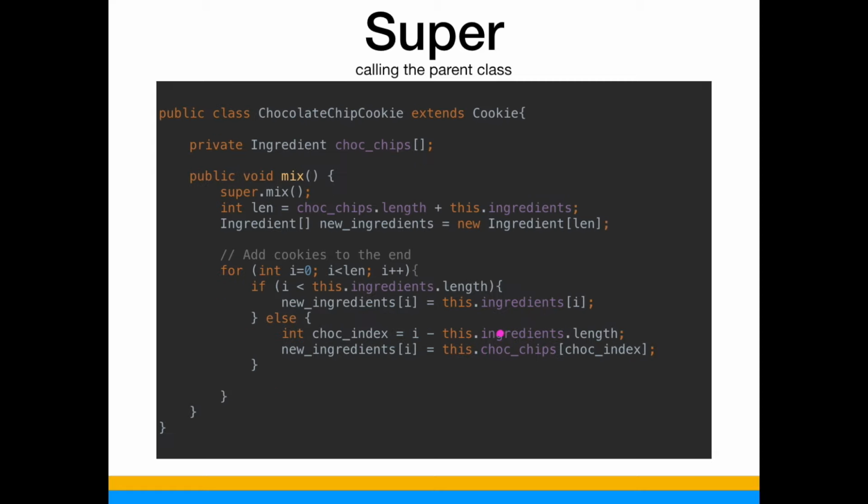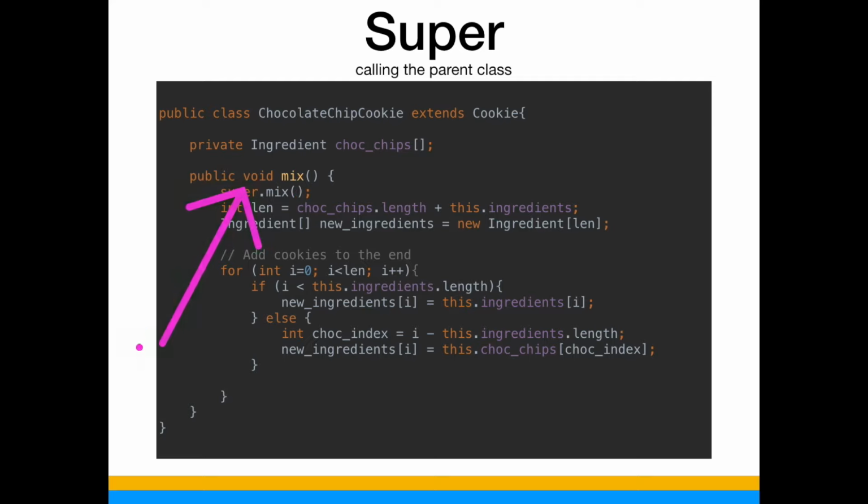In this particular example, the chocolate chip cookie is essentially a cookie with extra ingredients added once it has been mixed. So if we had the eggs, the milk, the sugar, the flour, after we mix all that, then we can add the chocolate chips on top. And because of that, we're overriding the mix method.